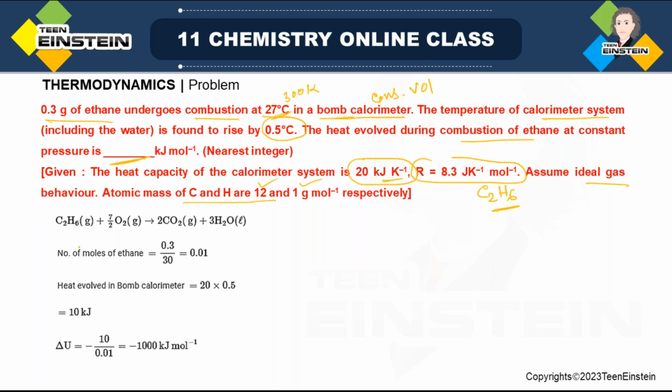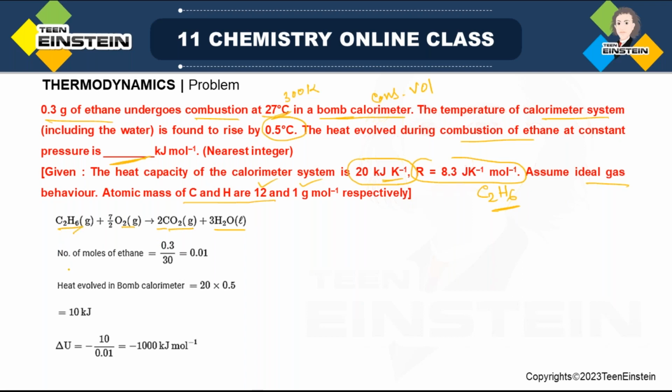So first you have to write the combustion reaction, the balanced equation, and that is very easy to do. I have already mentioned how to do it. I will say it again here. So first simply write C2H6, O2, and whenever it is a hydrocarbon, your products are always CO2 and H2O. As it is C2H6, 2 carbons involved, you have to write 2 CO2.